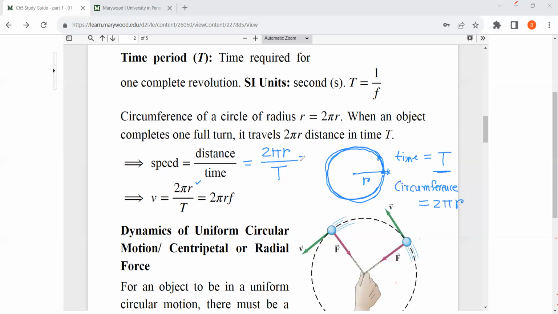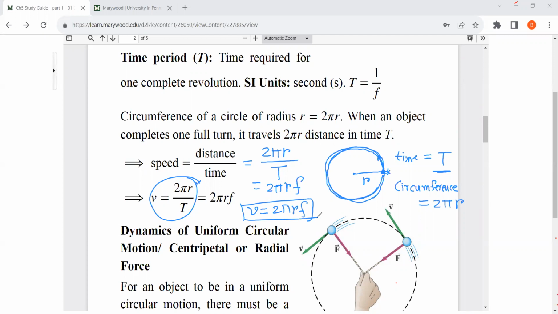And now you already know that 1 over T is the frequency, right? So I can write this. You see the relation between the speed and time period is this one, and the relationship between the speed and frequency is this one.